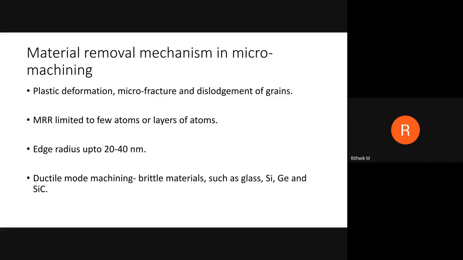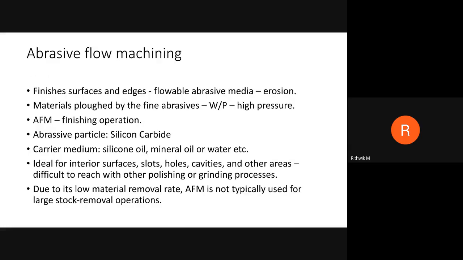Now we will move to the next topic, that is abrasive flow machining. So what is abrasive flow machining? Usually we have seen regarding the abrasives. Abrasive particles are nothing but hard particles which can cause erosion or a ploughing action on the material, due to which the material is removed and we can get a finished surface.